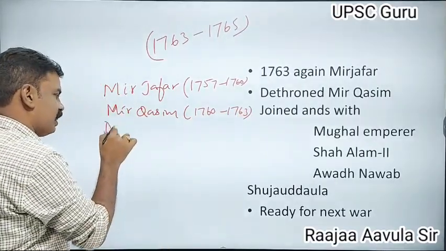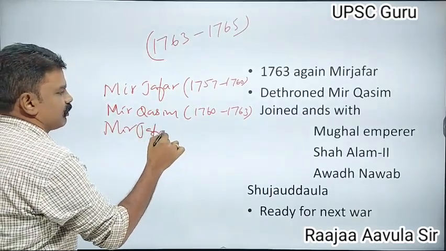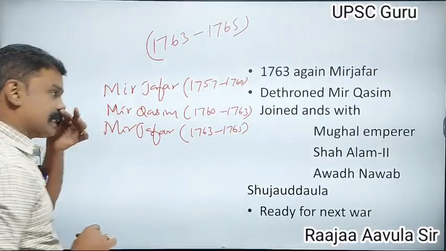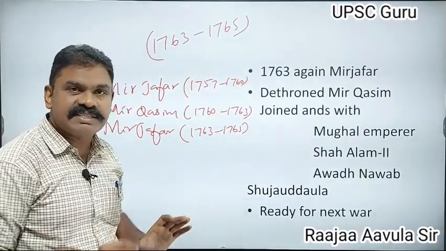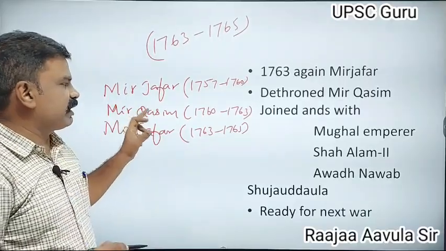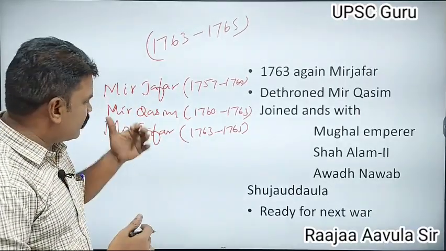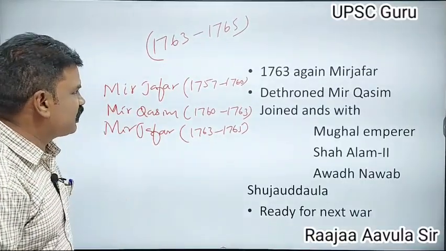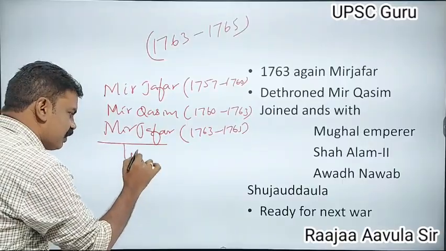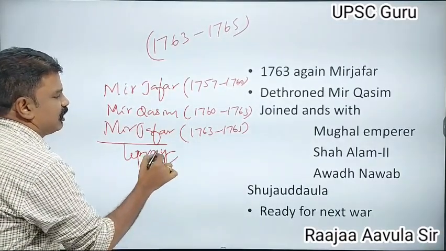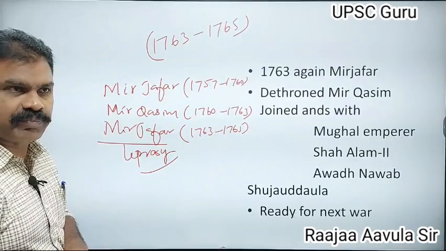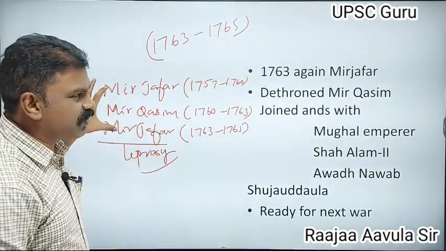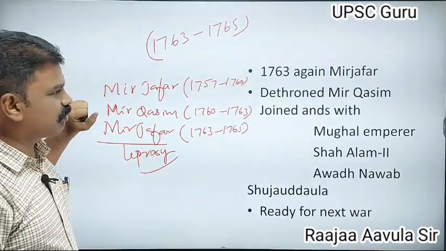After Mir Qasim, again Mir Jafar, from 1763 to 1765, a second time. The British realized that Mir Jafar was better than Mir Qasim, so they dethroned Mir Qasim and appointed Mir Jafar again. By this time, Mir Jafar was suffering from leprosy. In 1763, Mir Jafar again became Bengal Nawab.